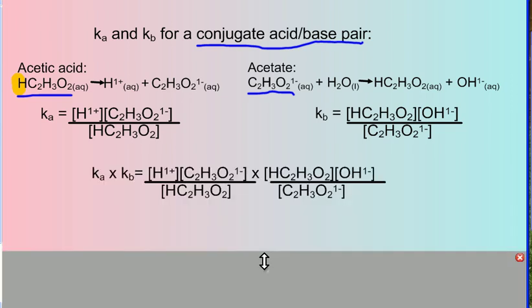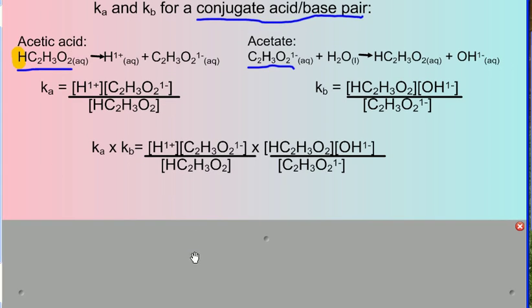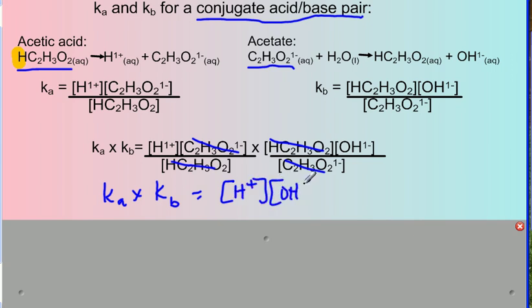It's really neat what you can do with these. If you take that Ka and the Kb and multiply them, which you normally wouldn't want to do, but we're deriving an equation here, we can cancel out the concentration of acetic acid and the concentration of acetate. We are left with Ka times Kb equal to the concentration of H plus times the concentration of hydroxide.